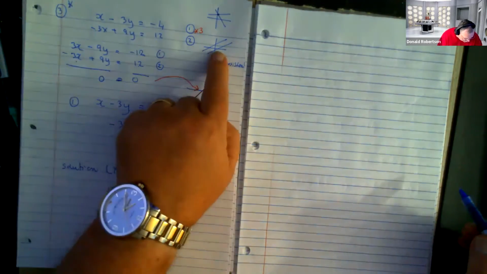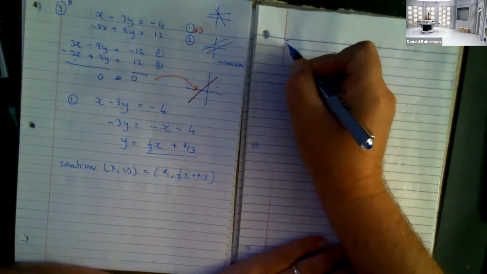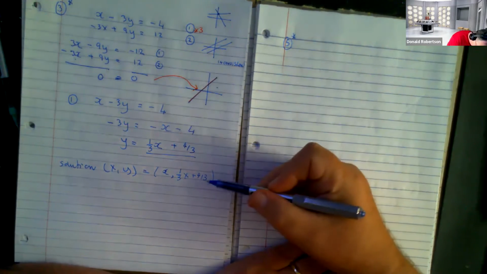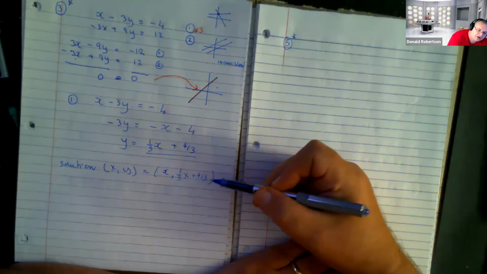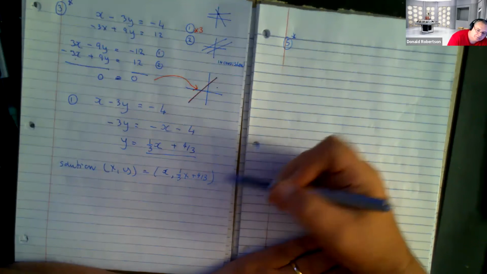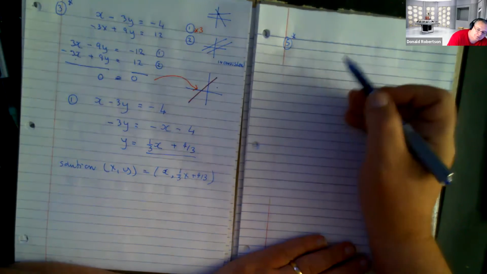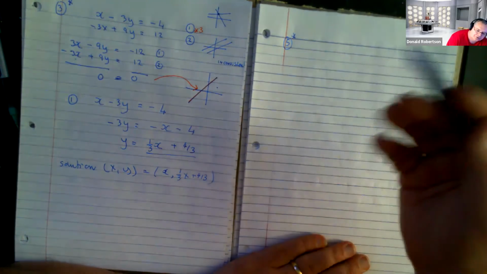Let's see if we can find an example then where this happens, just to show you what the math looks like. So a version of that would be question 5. So this is pretty rare, right? You don't expect this to happen often, but it will happen from time to time. Inconsistent, which is the parallel line situation, which I'm about to do, that happens pretty rarely as well, right?